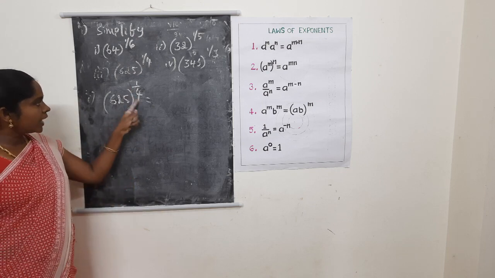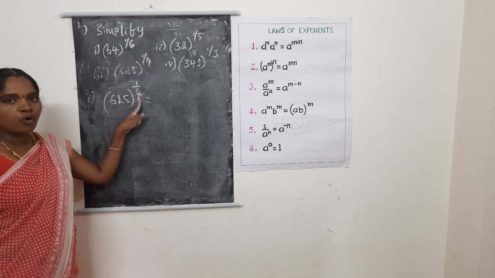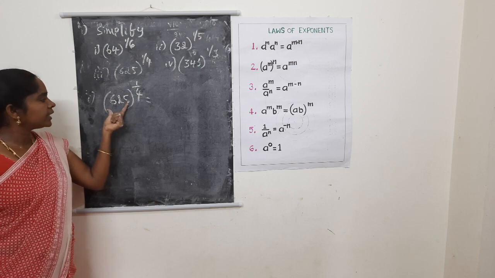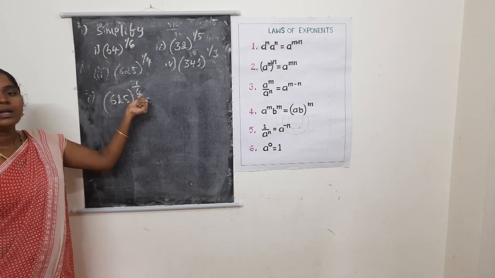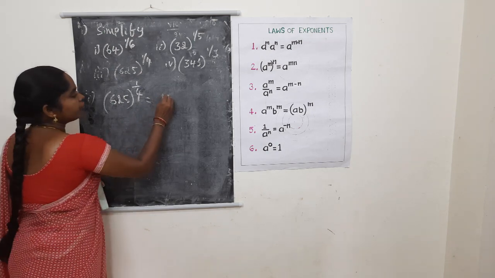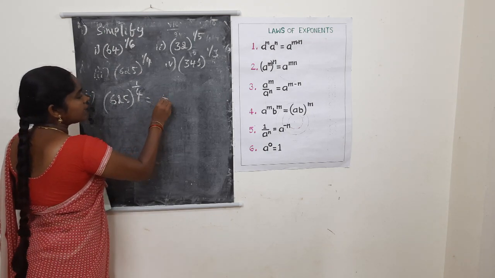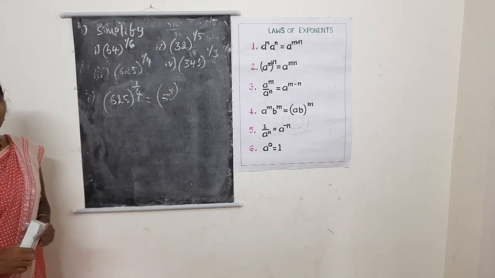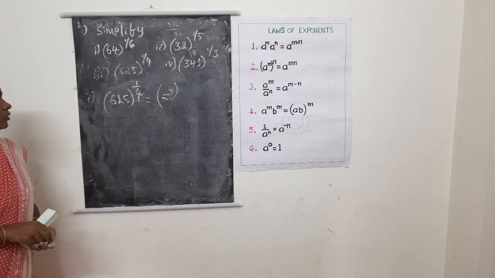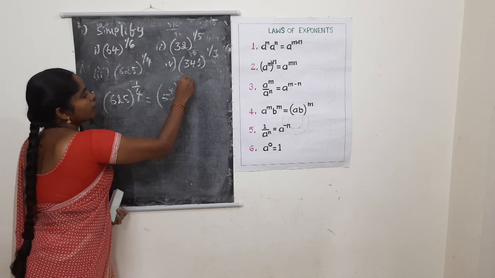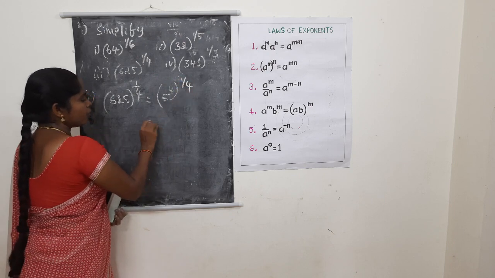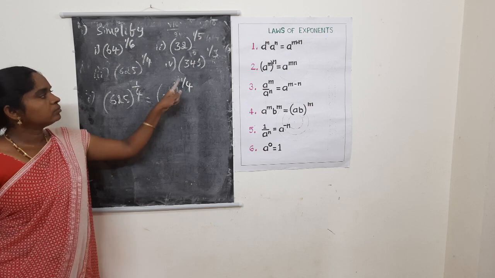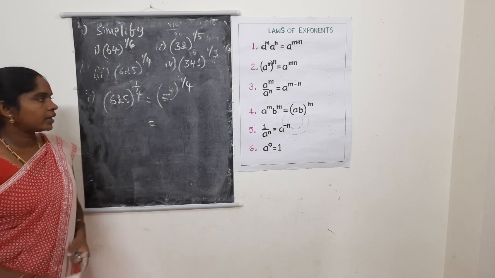In the exponent, the denominator value is 4. So 625 is the base, and the base should be written in terms of power 4. So 625 can be written as 5 to the power of 4. So (5 to the power of 4) whole to the power of 1 by 4. This is in the form of (a to the power of m) whole to the power of n.